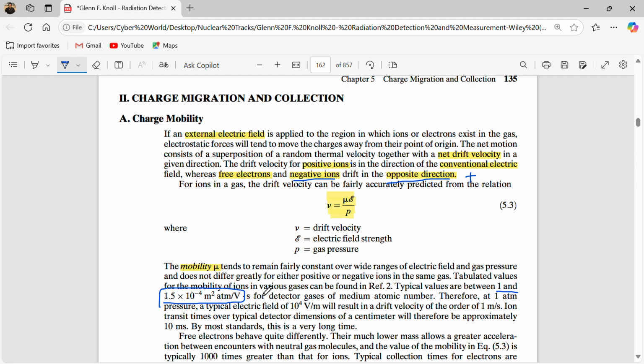Mostly we take 1.5 times 10 to the power minus 4 meter squared atm per volt second. The seconds also have to be cancelled.